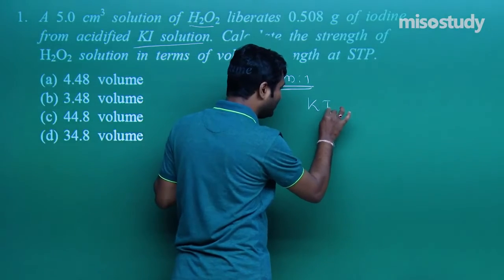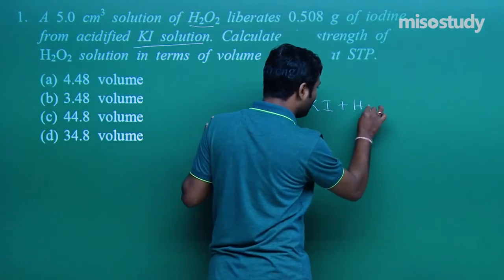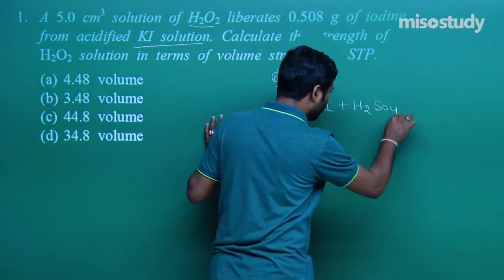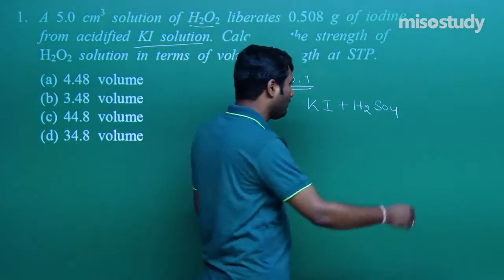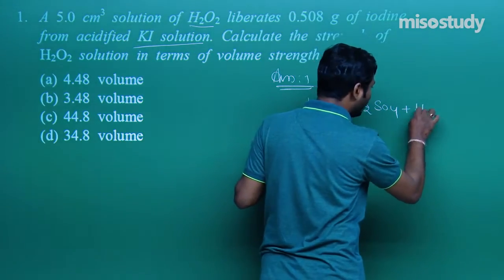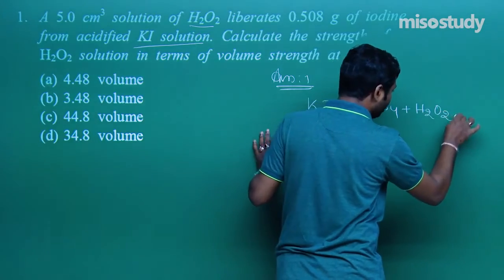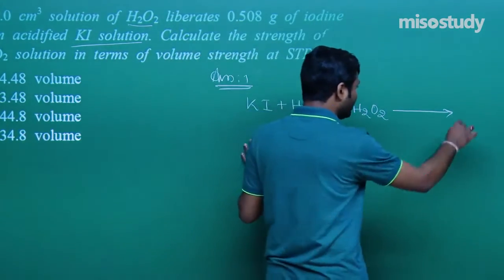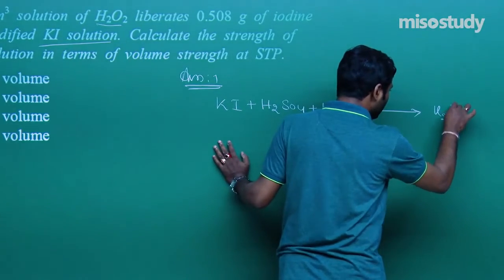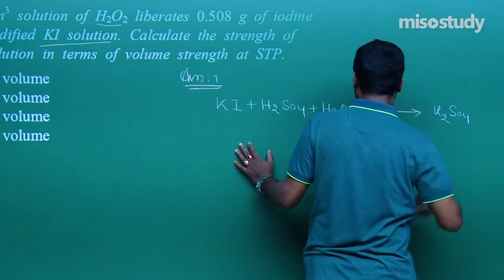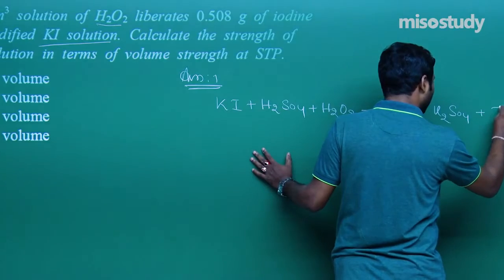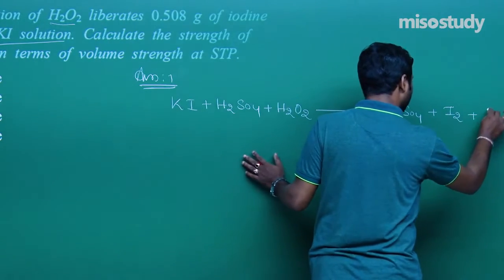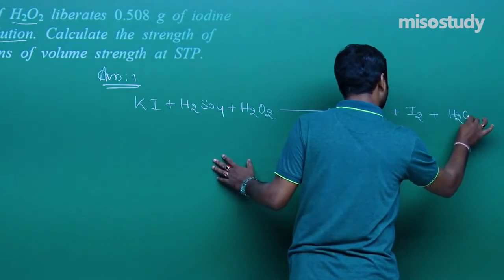Acidified KI, that is KI plus H2SO4, on treatment with H2O2 gives you K2SO4 plus I2 and plus H2O.